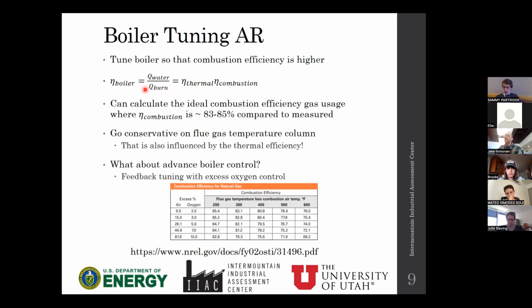for each of the cases: how much are they burning without tuning, and how much would they burn with tuning? You'll see savings from that.